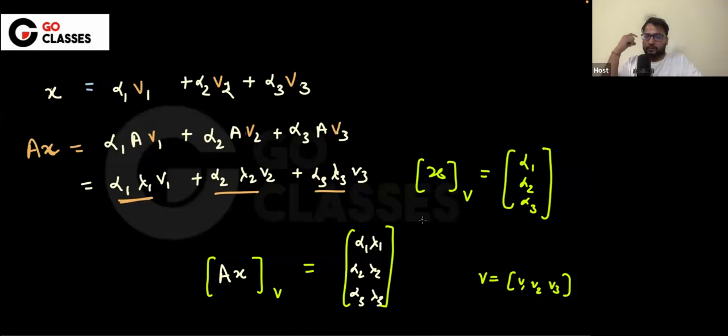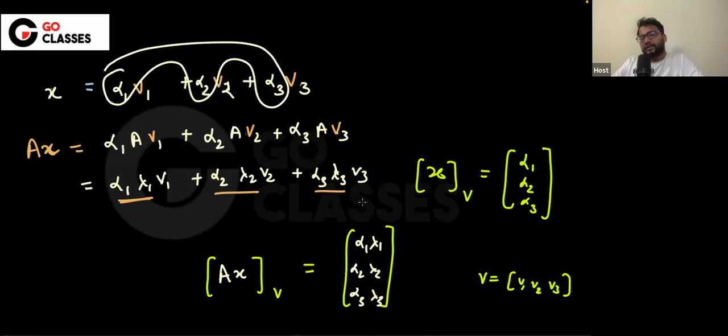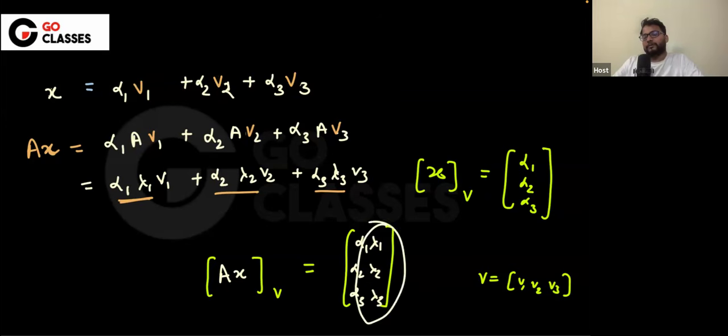For a square matrix having three linearly independent eigenvectors, if you look at the vector with respect to the basis of eigenvectors, the earlier coordinates are getting multiplied by the eigenvalues. What a matrix is doing to a vector is changing the coordinates, and these coordinates are getting multiplied by the eigenvalues, right?